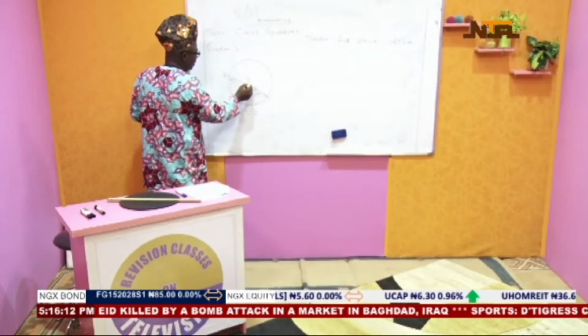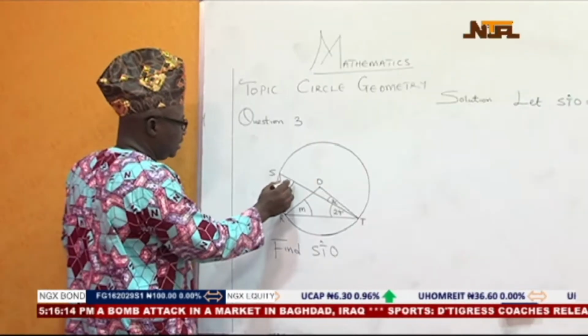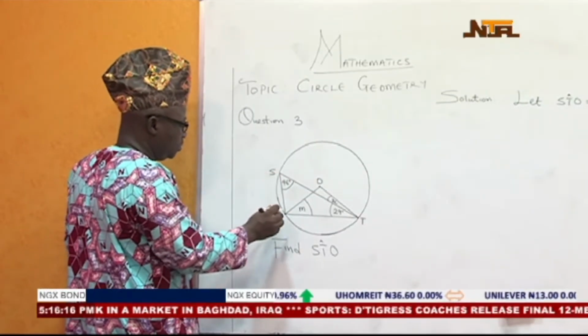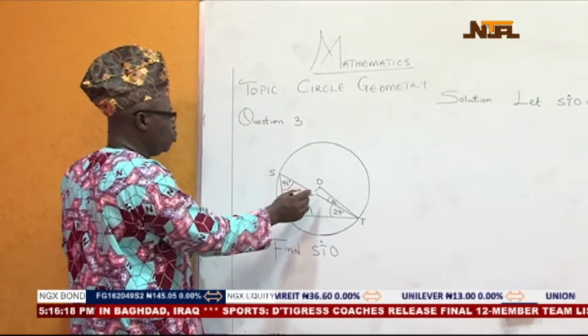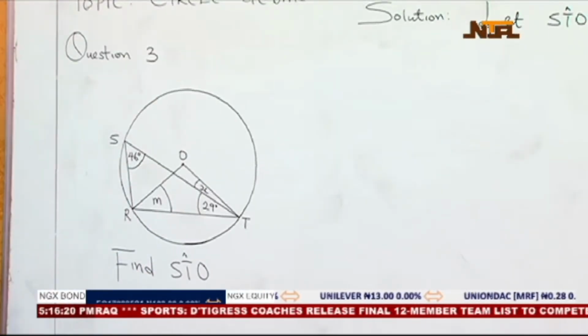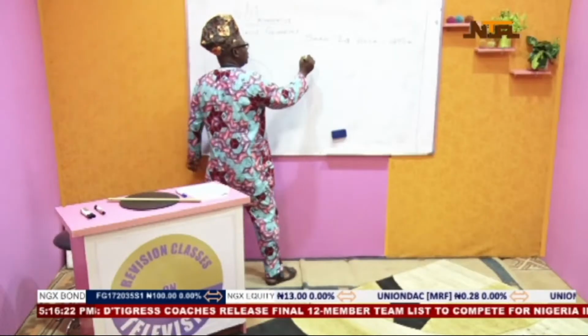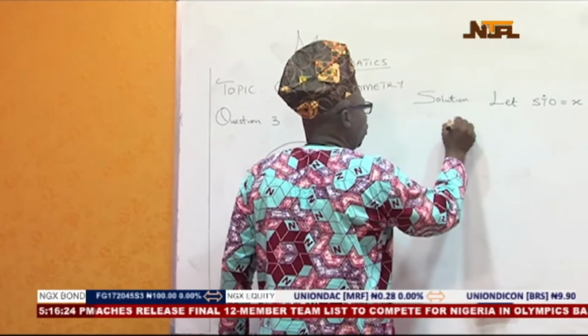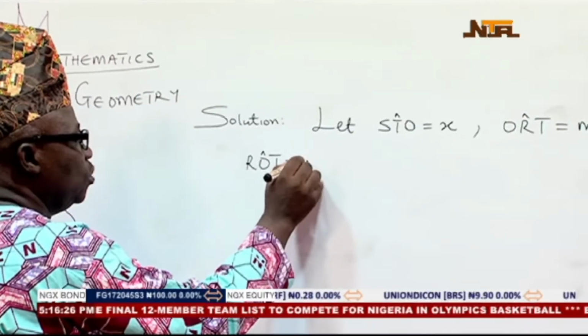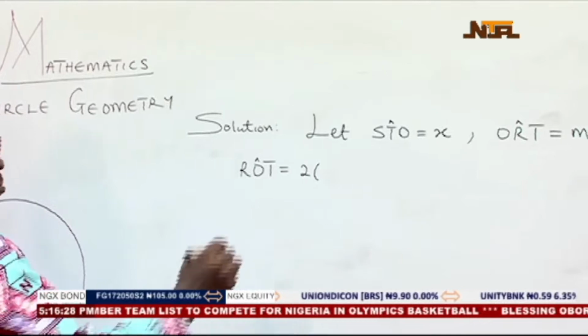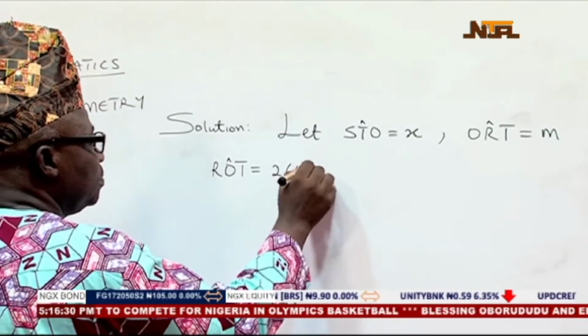This is an angle at the center, and this is an angle at the circumference. So the angle at the center is going to be 2 times the one at the circumference. So in that case, I'm going to say angle ROT is going to be 2 times angle 46.